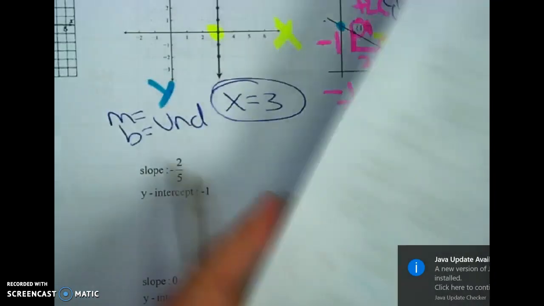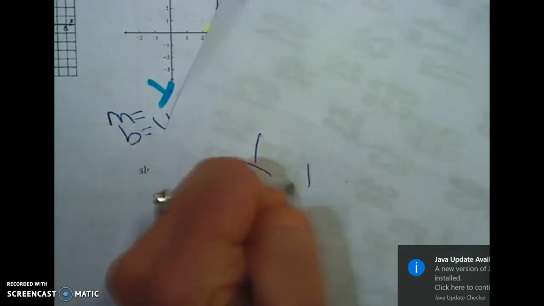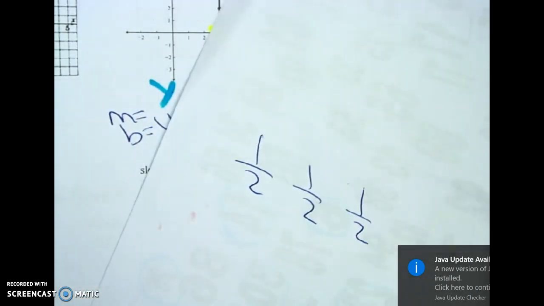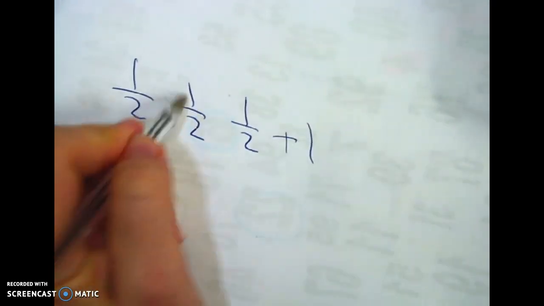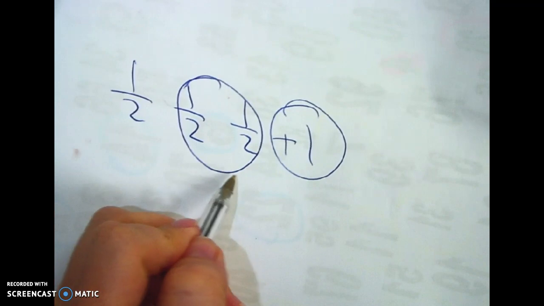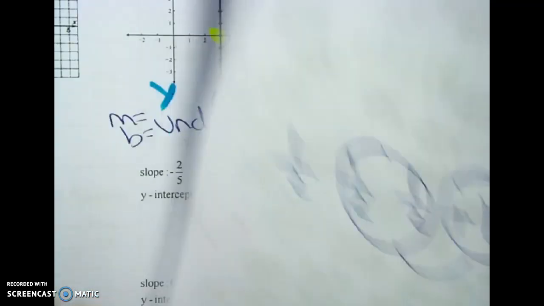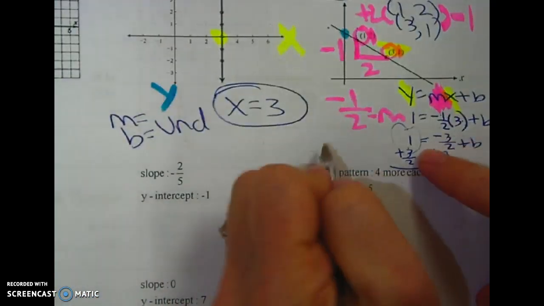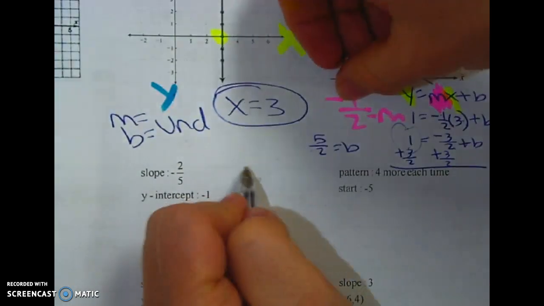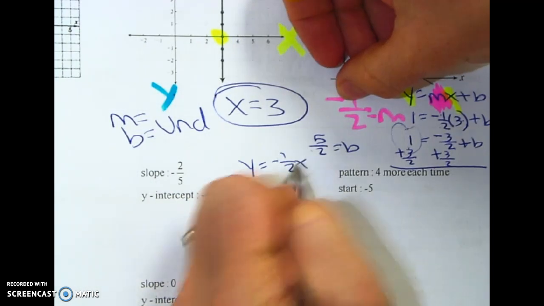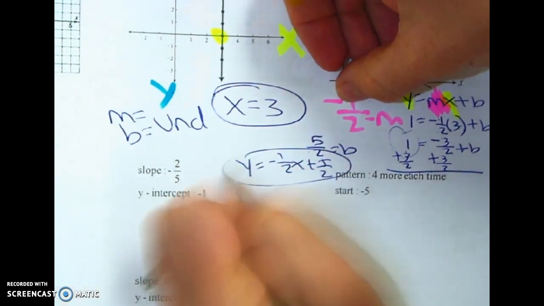So if you have 3/2, you have 1, 2, 3/2, and then you have that 1 right there. So this makes 1, and this makes 1. 1 plus 1 is 2, 2.5. But I'm going to write 2.5 as 5/2. That's my b. Now my equation is y equals -1/2 x plus 5 over 2.